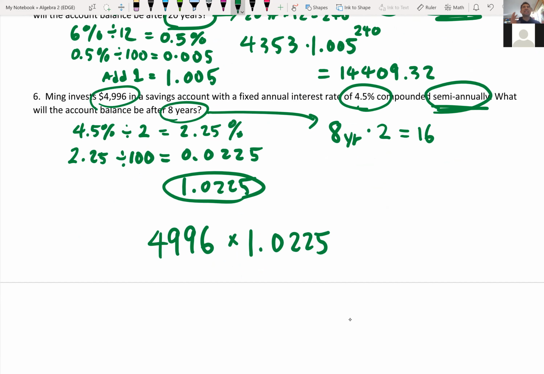So you've got 16 semi-annual periods during 8 years. 4,996 to the 16th power. Round off to 40.